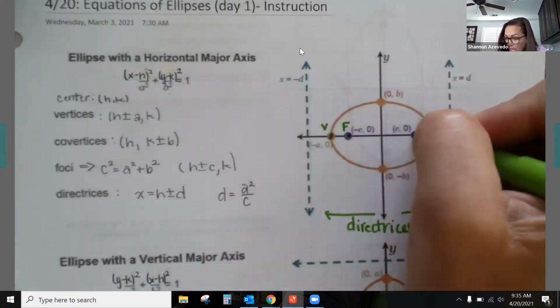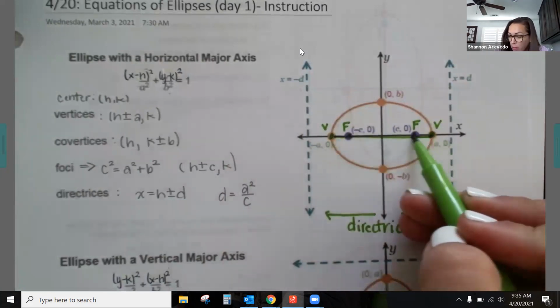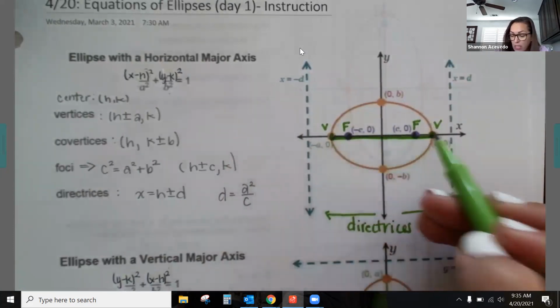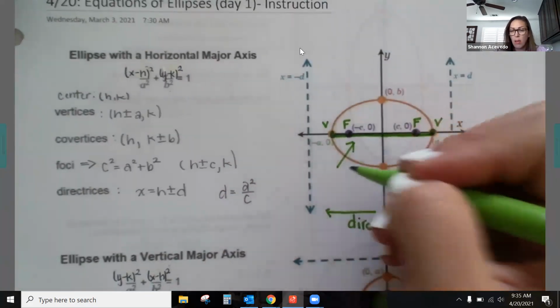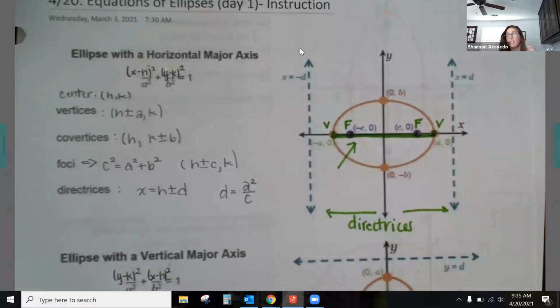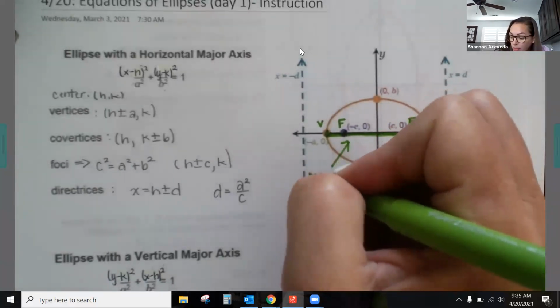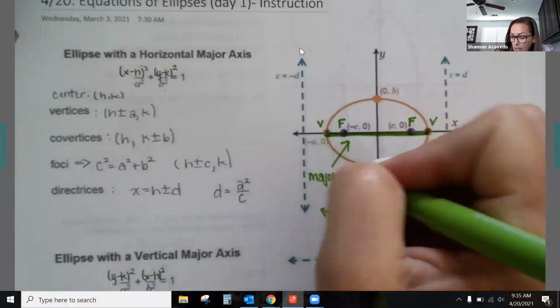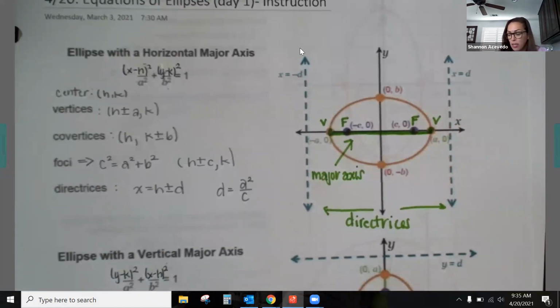They're always on that same line. And this line from here to here, when we go across from vertex to vertex, is what we call the major axis. So vertex to vertex is along the major axis, and our foci are always on the major axis.